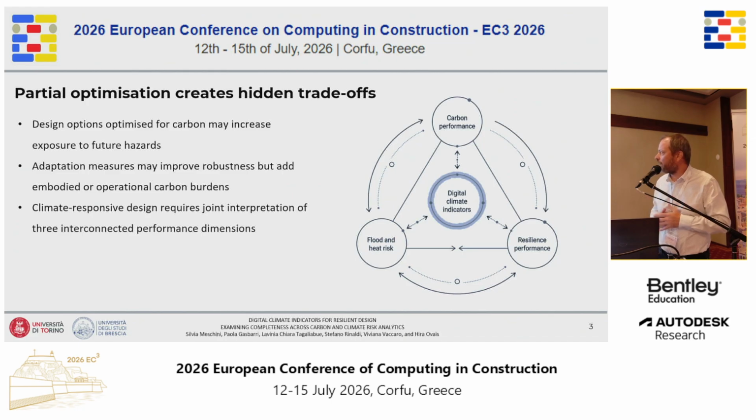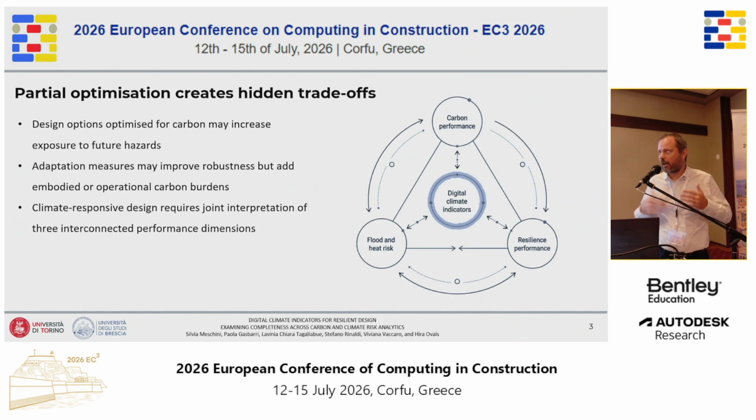One of the problems is that, for example, buildings or infrastructure that are designed in order to optimize the carbon assessment, maybe the design is optimized in order to reduce, for example, the usage of materials in order to improve the LCA and to reduce the carbon footprint.